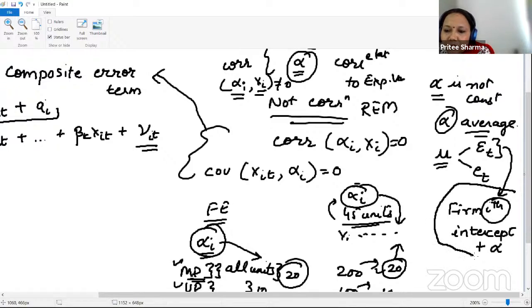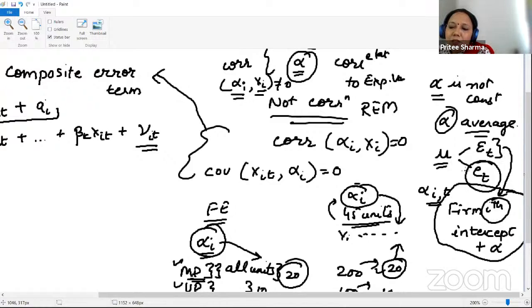This is going to give us the alpha for that particular ith firm, also with time, whereas this e t is the remaining error term.